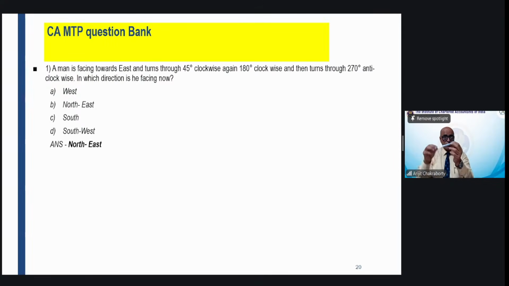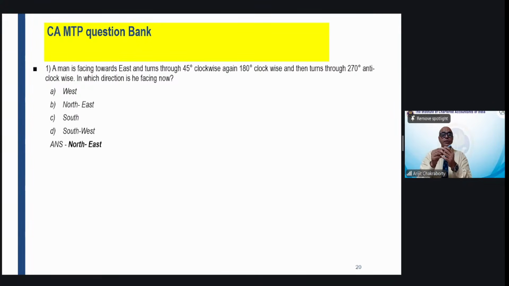East is your right side, right-hand side. From here, if you move 45 degrees clockwise, that means you are facing southeast. From here, he is taking a 180-degree clockwise turn. A 180-degree clockwise turn means now the arrow is facing towards northwest, because the 180-degree turn from southeast is northwest. You are now facing northwest.